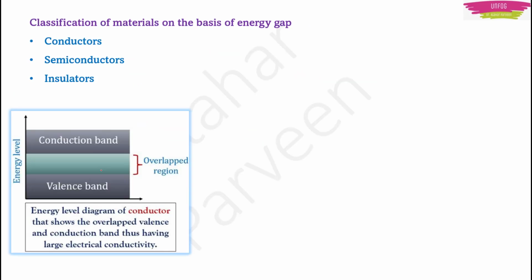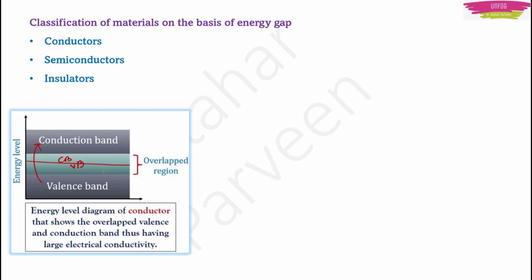In conductors, the conduction band and valence band are overlapped. So electrons in the valence band can move freely to the conduction band, because there is no distance. Here, the conduction band is also there, the valence band is also there.